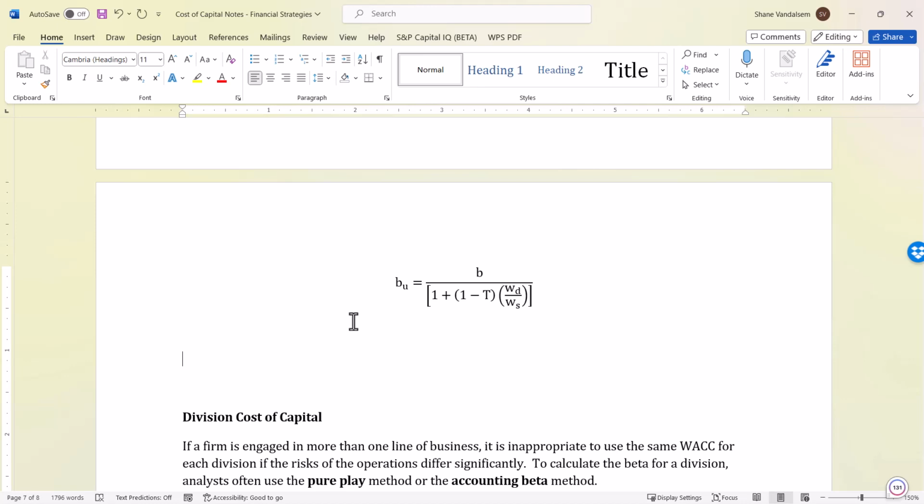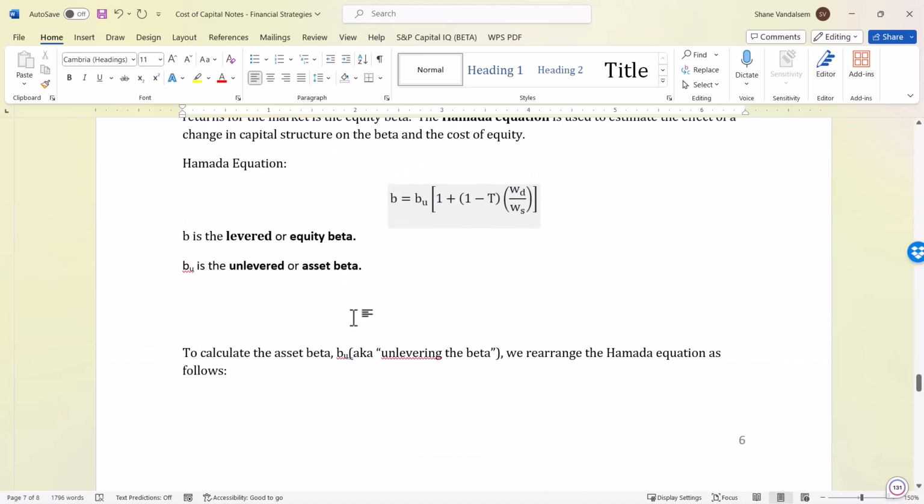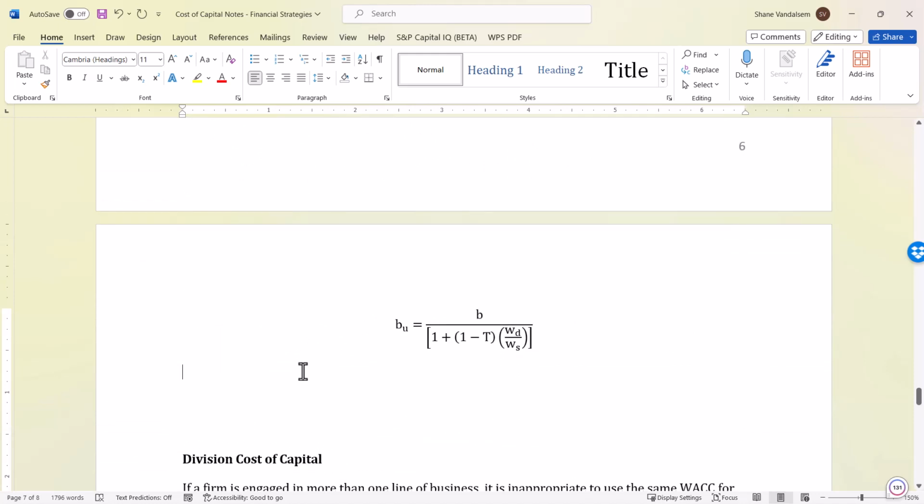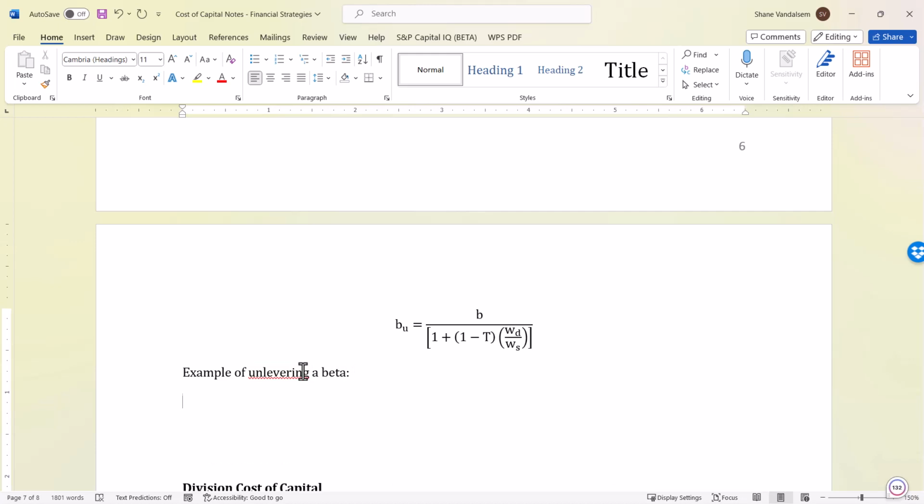So I'm just going to start here with an example of unlevering a beta. So we're going to say that the beta for the firm, so the equity beta, is 1.5. The tax rate is 20%.